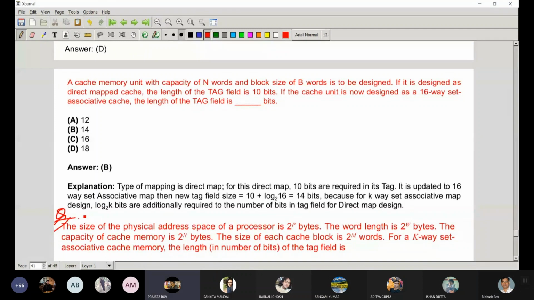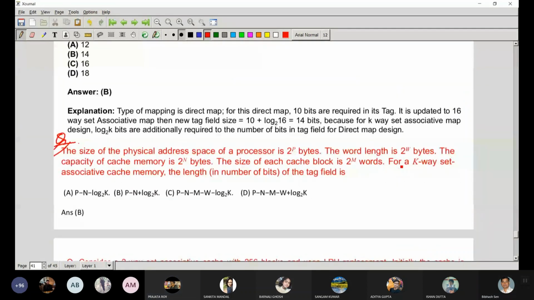So that will be again minus n minus k because k is the set. Then what is the tag field? Sir, in that case, the number of bits in the tag field will depend on the size of each cache block, which is 2 to the power m words. Answer is B: p minus n plus log 2 k.